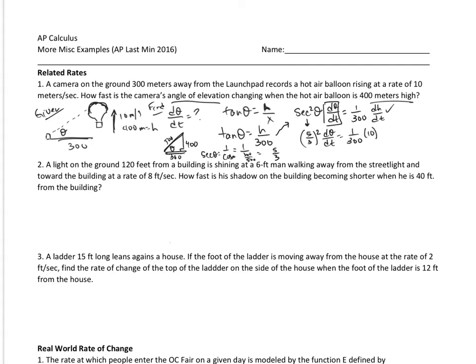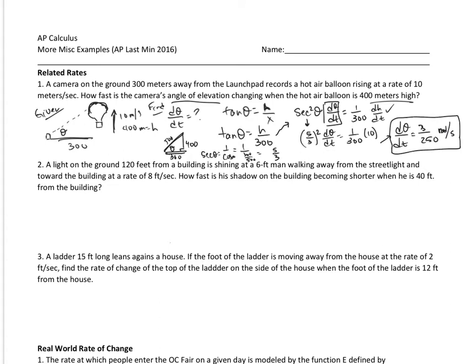At this point, we can solve this, and I'll spare you all the stuff in between. We end up with a value of 3 over 250 radians per second, because this is an angle. So this is a radian per second value.